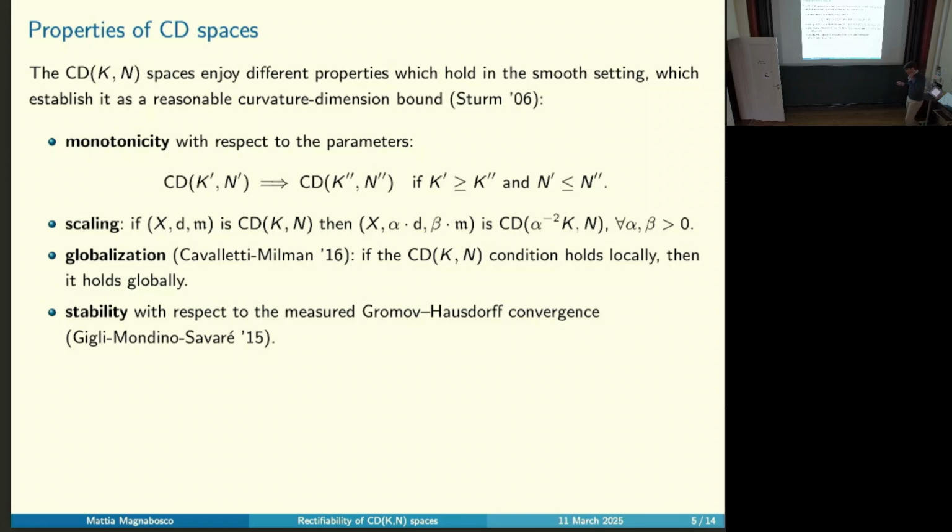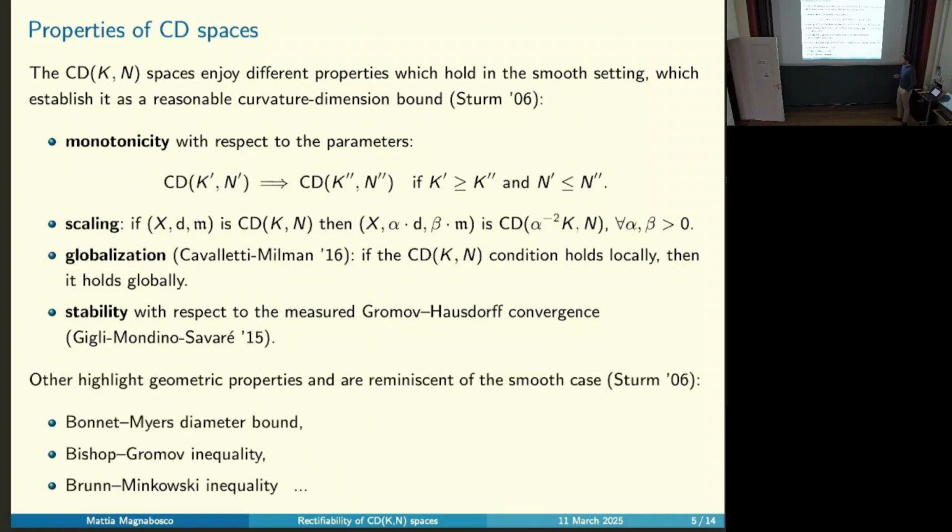So if you want, CDKN spaces are a class of spaces that is closed with respect to this convergence and contains all the Riemannian manifolds with that curvature bound. And then we also have other geometric properties like these ones, which are usually geometric or functional inequalities on the space that hold in the smooth setting and hold also in the non-smooth setting, and were actually already proved in the first paper by Sturm.